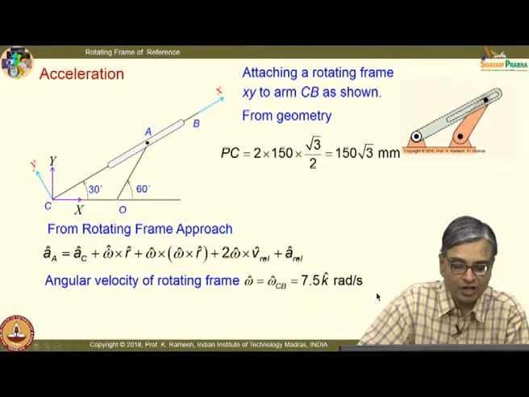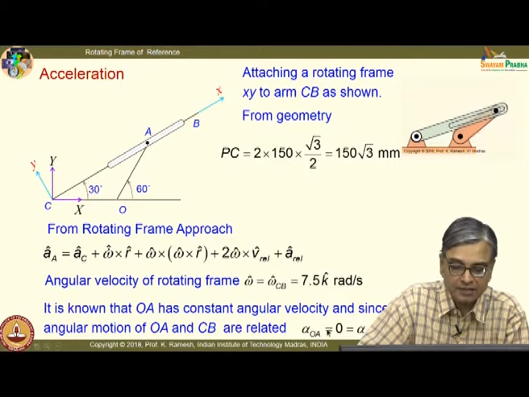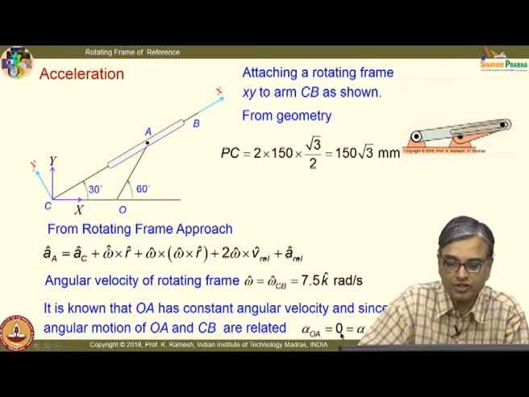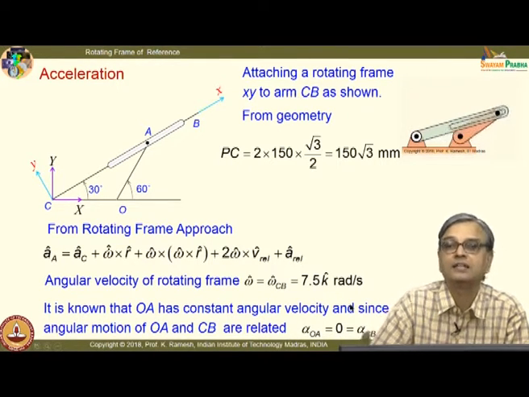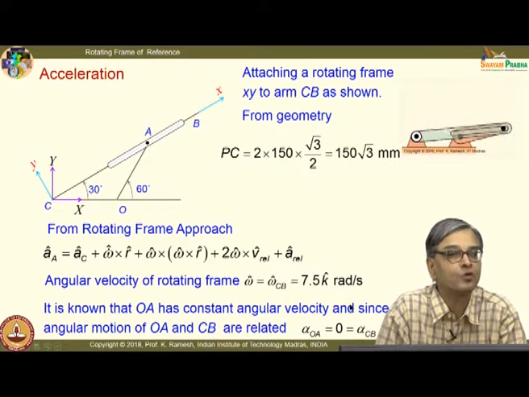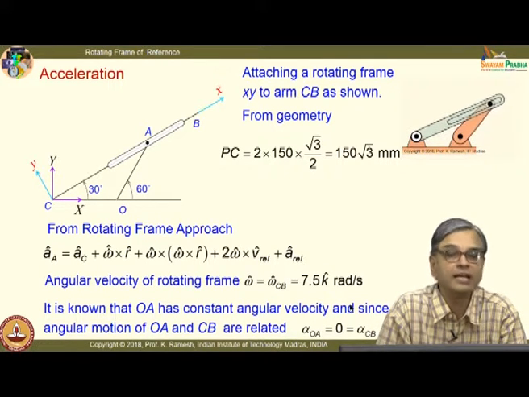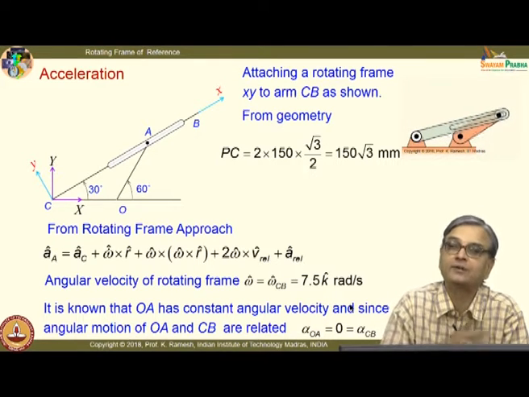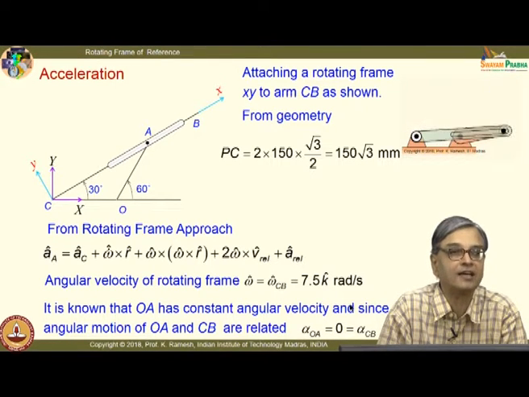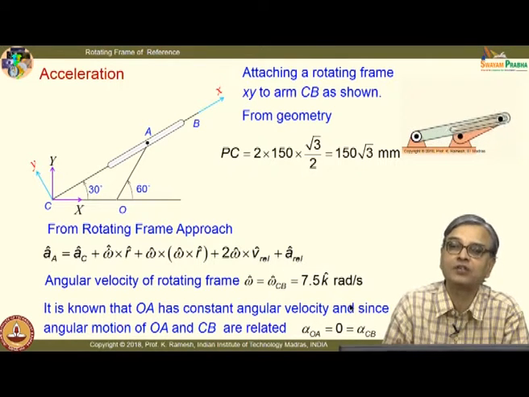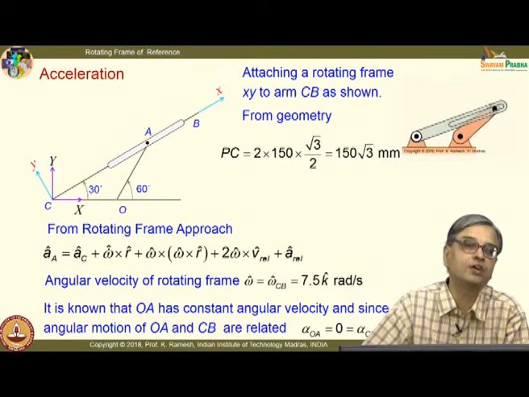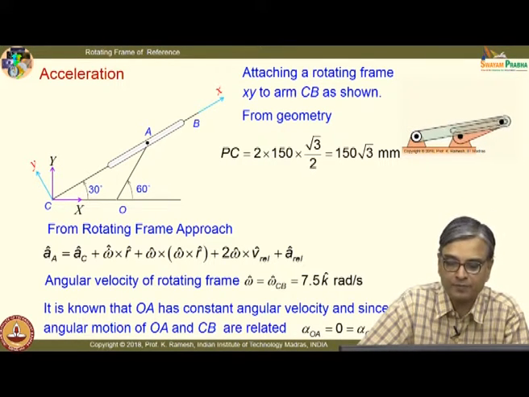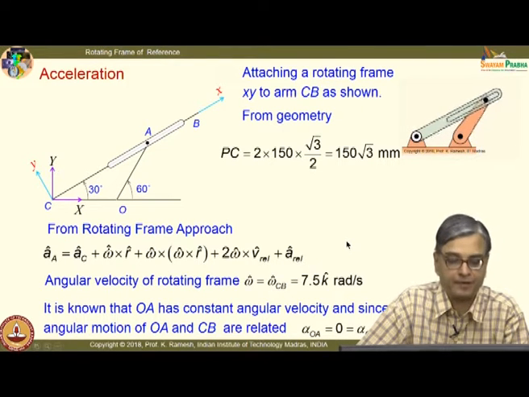We also have the luxury that alpha OA equal to 0, which also implies alpha CB is 0, because they are connected beautifully. Whatever happens to the link OA is reflected upon link CB, because of the way they are constructed. So, when I do not have an angular acceleration for the link OA, I also do not have an angular acceleration for the link CB, that you learned from the problem statement.